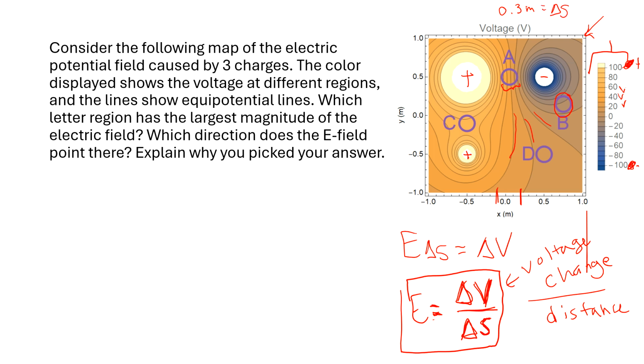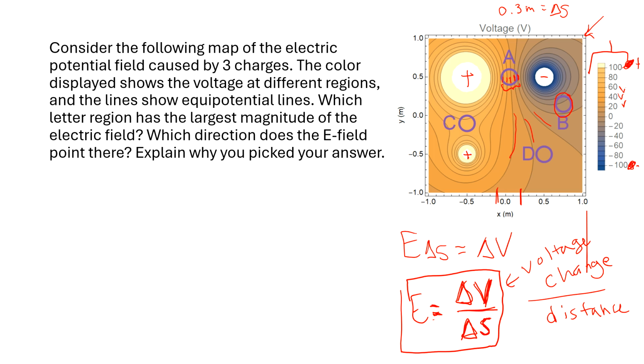And the voltage value might be a little bit challenging, but that you can find by the equipotentials. Each of these lines is 20 volts apart, so 20, 40, 60, 80 or so.